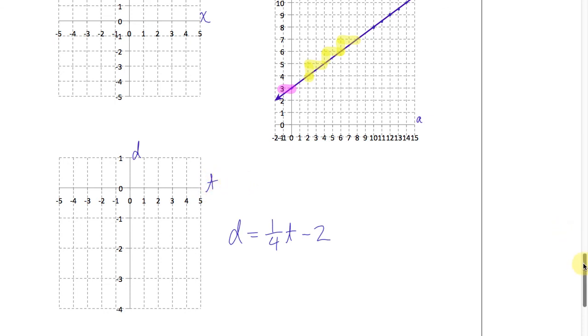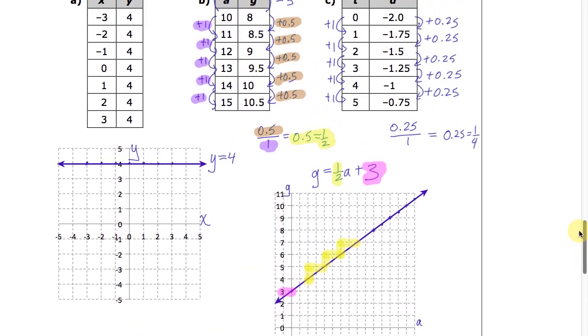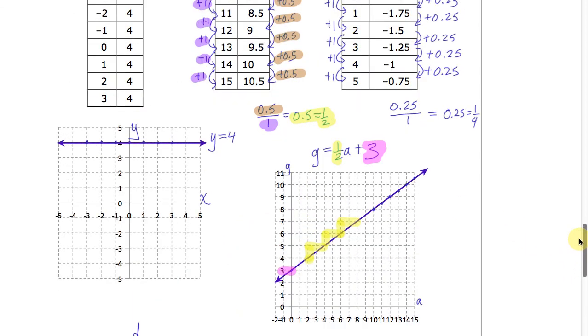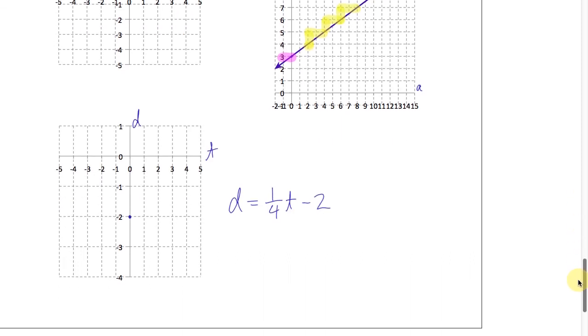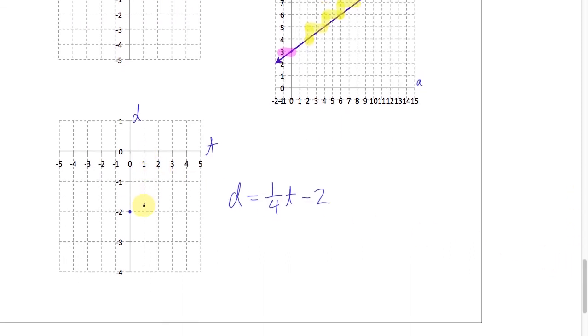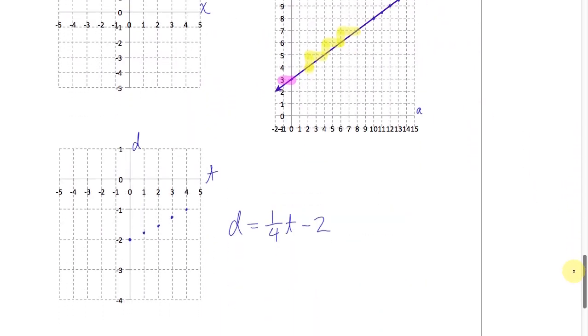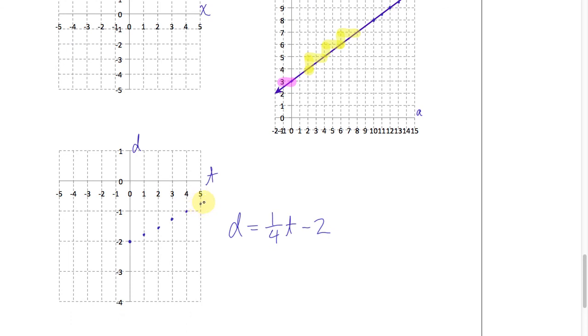And we're going to put these points on the graph here. So starting at 0, -2, and the next point was 1, -1.75, and we had 2, -1.5, 3, -1.25, 4, -1, and 5, -0.75.